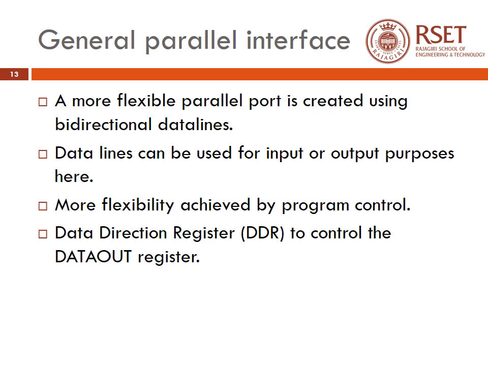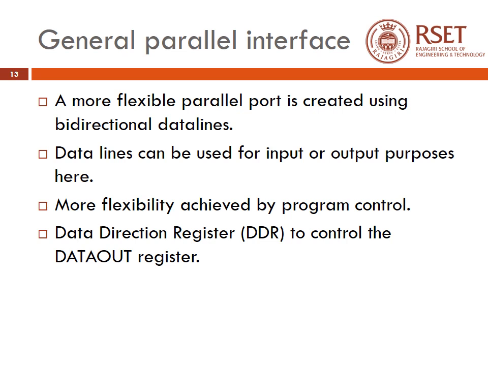And more flexibility is achieved in this circuit by using program control. We can use some lines for input and some lines for output purposes. And to do all this, some new circuitry components are added into the circuit. One of them being the data direction register, which is used to specifically control the data out register.